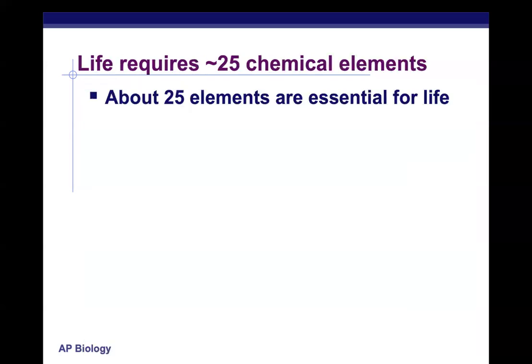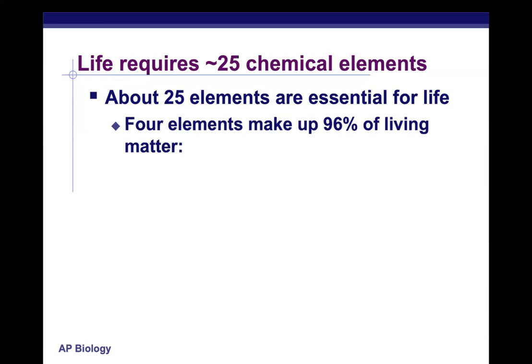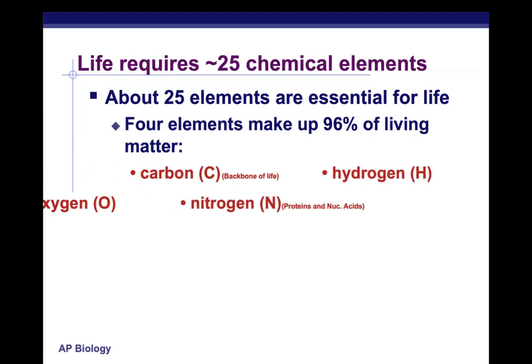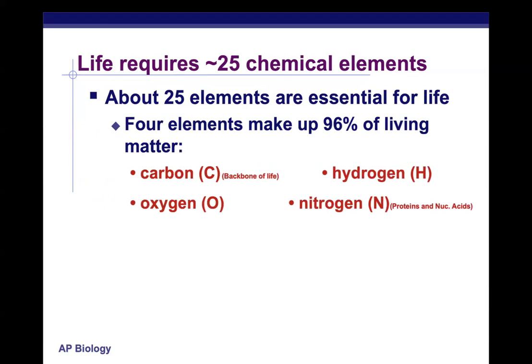So life requires about 25 different chemical elements. 25 different chemical elements are essential for life. Four elements make up about 96% of living matter: carbon, hydrogen, oxygen, and nitrogen. Okay, carbon's the backbone of life. Nitrogen is in protein and nucleic acids. Oxygen and hydrogen are found in plentiful amounts in all of our macromolecules.